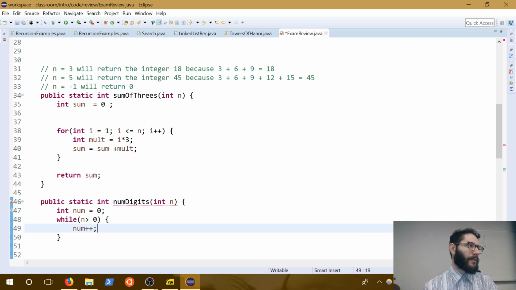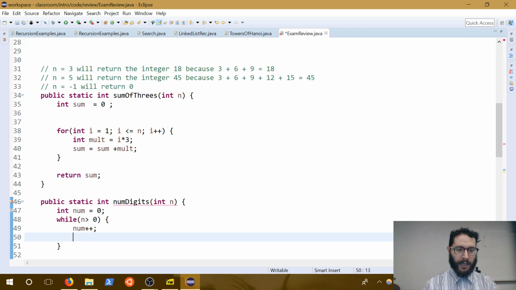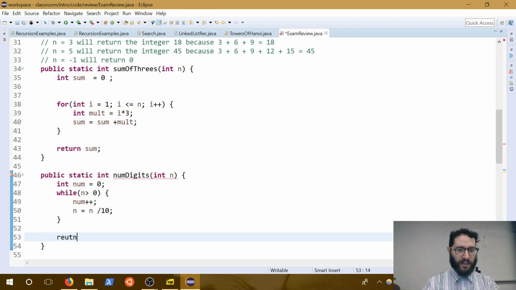So I increase the number of digits that I've seen by 1, and then I do n is equal to n divided by 10 to get rid of the last digit, right? And then I would just return num.